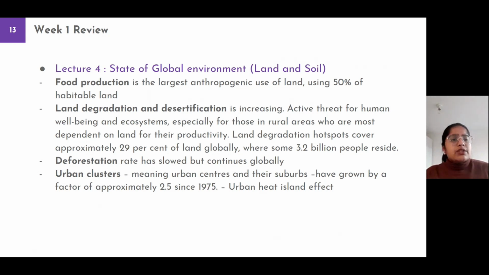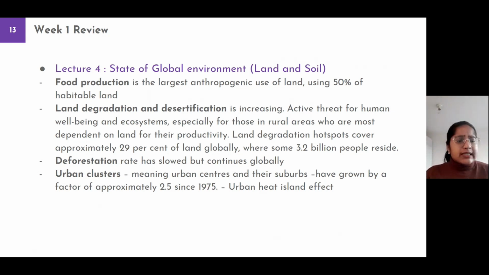Land degradation hotspots cover approximately 25% of the land globally, which means that 3.2 billion people residing on that land are vulnerable to land degradation and displacement. We also see that deforestation rates, although having slowed, are still active. That is, deforestation is still happening across the world, but the rate has declined.